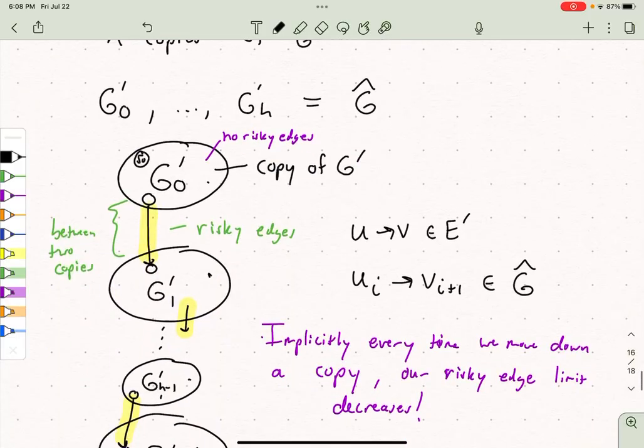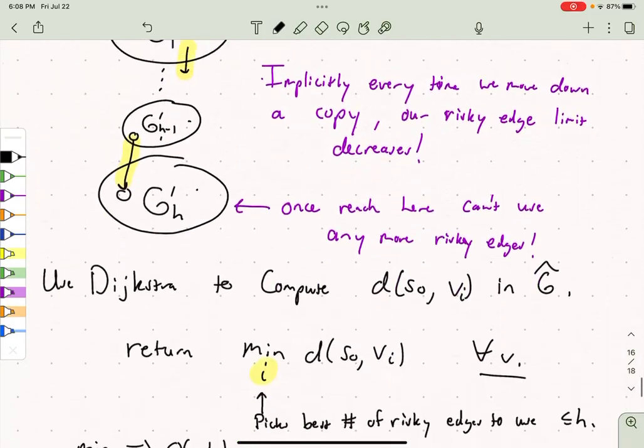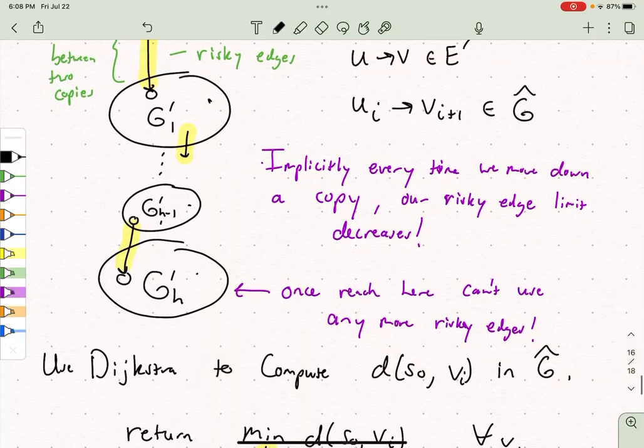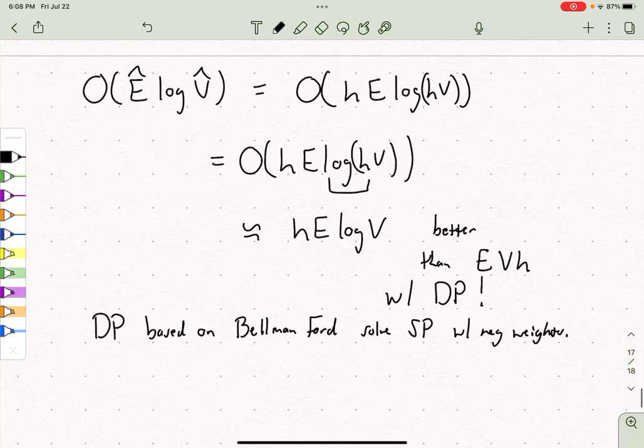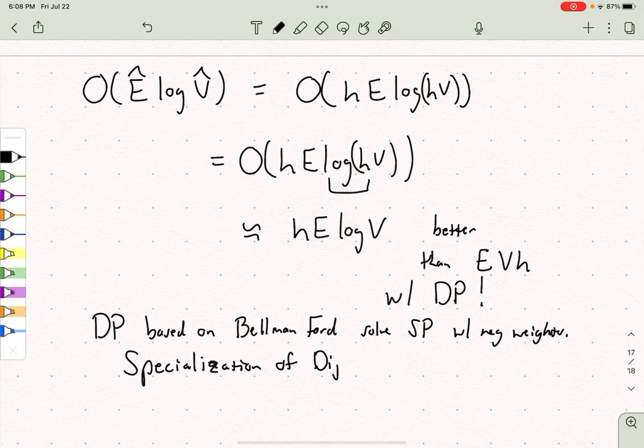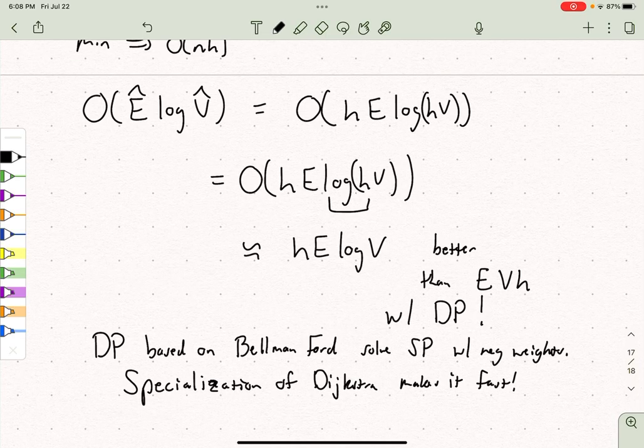And so really we could have used Dijkstra, which is much faster than Bellman-Ford because it's more specialized. Here, because we did this reduction, we got to use the power of the specialization of Dijkstra, whereas the other algorithm actually solves a more general problem. So that's why it's slower.